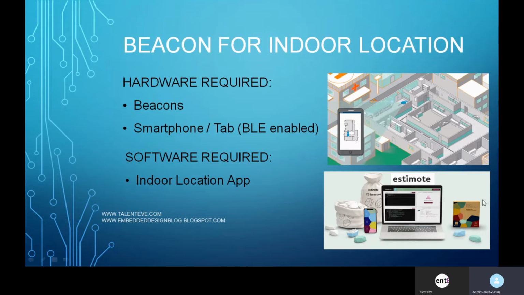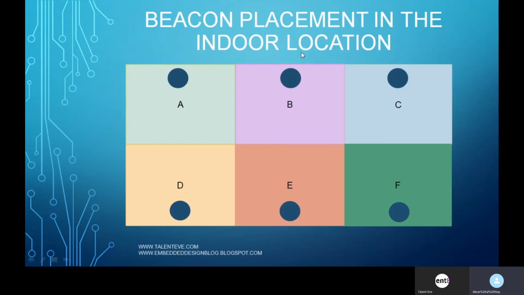There is one vendor, Estimote, who provides beacons and a stack so that people can develop applications on top of it. The second picture shows how an Estimote beacon looks, and a snapshot of the PC application.